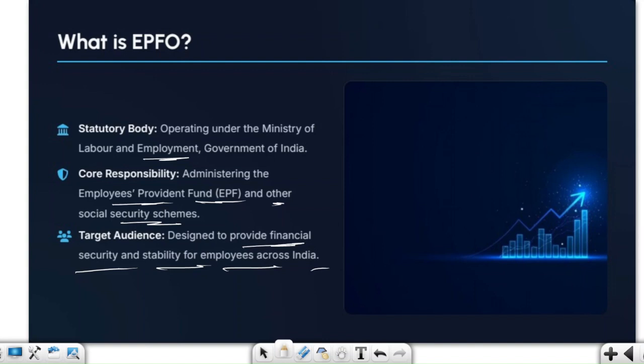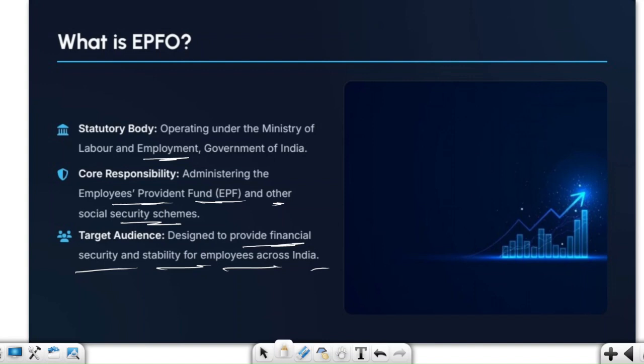Its basic purpose is to provide social security to employees through 3 schemes. EPF, that is your retirement savings, where the corpus is accumulated with interest. Then EPS is your pension, which provides you the pension benefits once you get retired, and EDLI, that is life insurance, where your family gets a benefit if the member dies while covered.